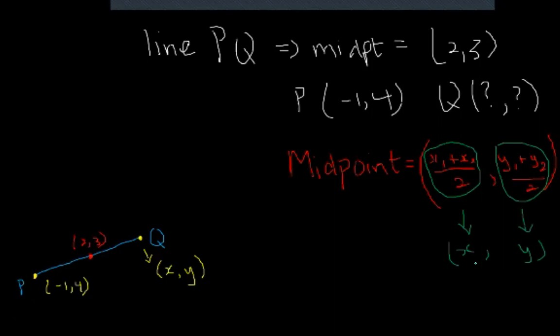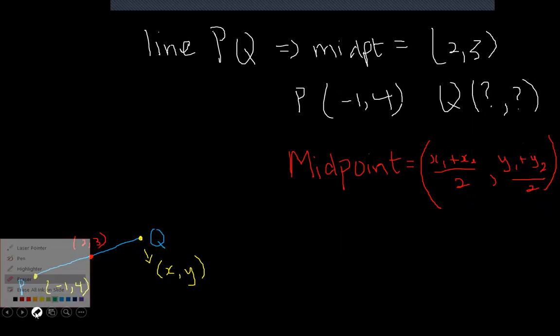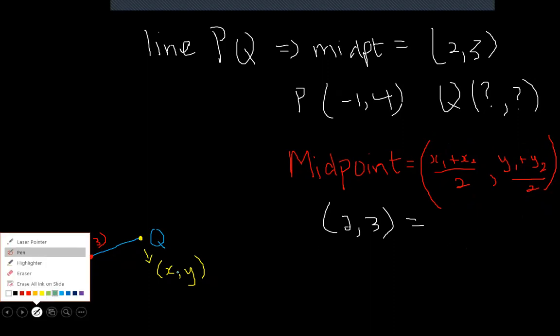Everybody following so far, right? Yes, miss. Okay. So using that information, we could find what Q is. Let me show you how. They told us that the midpoint is 2, 3, which is equal to x1 plus x2 over 2, y1 plus y2 over 2.